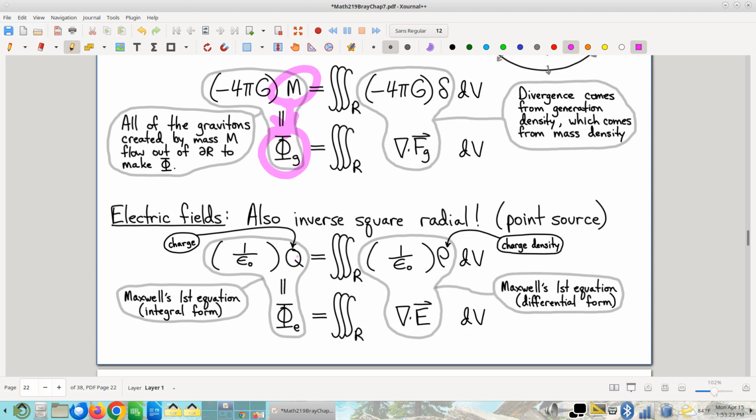Likewise, you can think of charge as creating some little particle of sorts that communicates electric fields, and that creates electric flux. And again, it's just a matter of playing some little detail games to figure out the proportionality constant. It happens to be that right there.